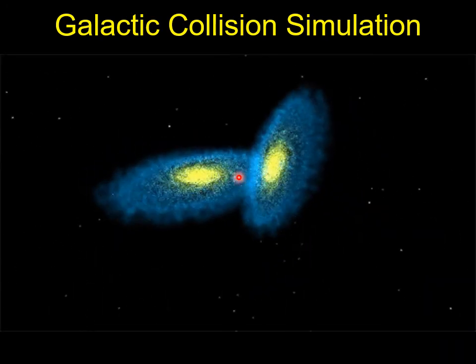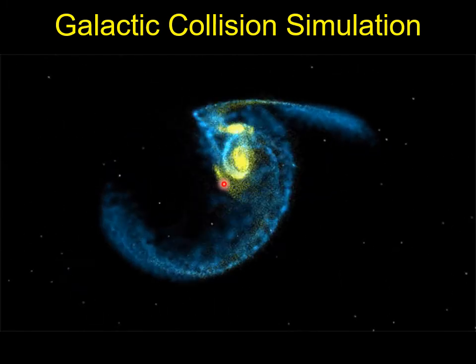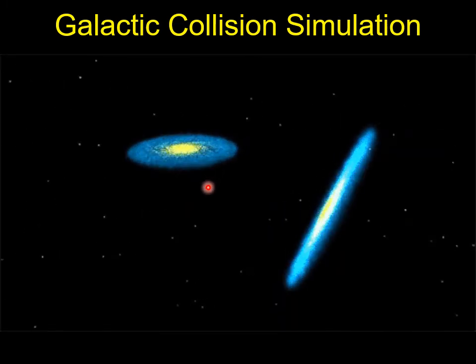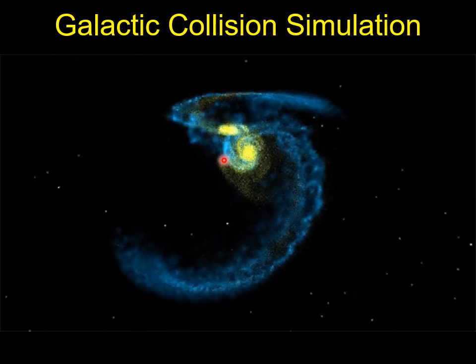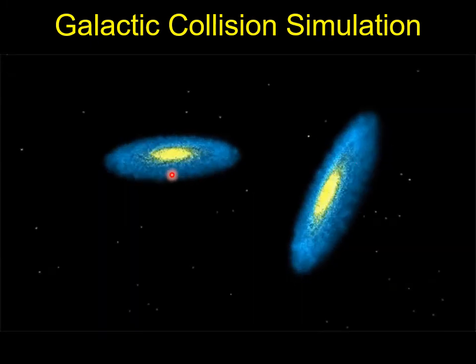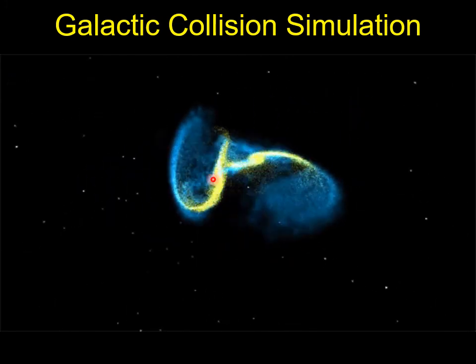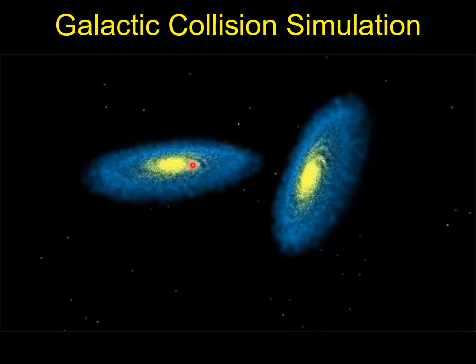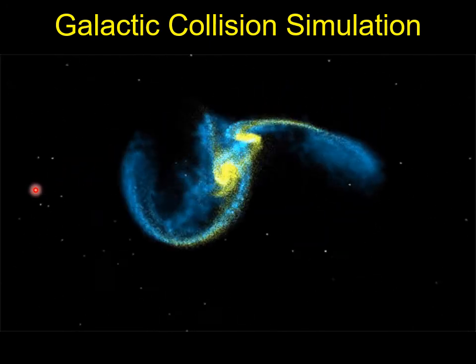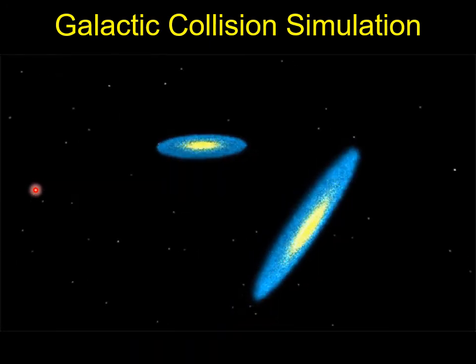So as they come together here, you can see that the two galaxies sort of tear each other apart, and the final product is a very disrupted version of the original galaxies. Their original nice spiral arm form, which is very regular and symmetric, is completely gone after the galaxies tear into each other.